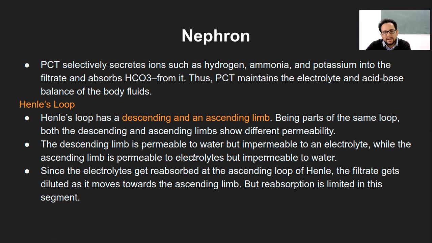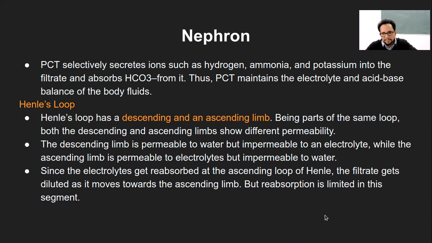So electrolytes can go out and it is impermeable to water. So the amount of water stays and the amount of electrolyte is reduced. And that is when the filtrate gets diluted as it moves from descending to ascending limb, right? And here the reabsorption is limited in this segment, that is the ascending limb.